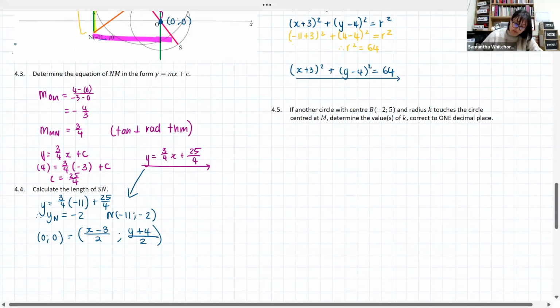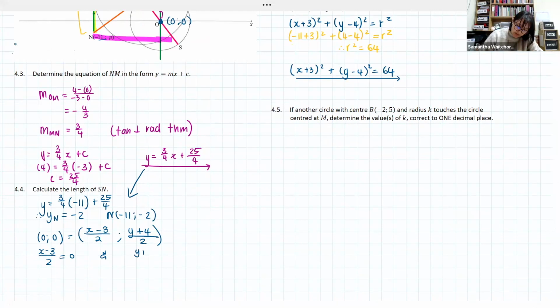And now I can separate my fractions. So x minus 3 over 2 is equal to 0, and y plus 4 over 2 is equal to 0. These are nice, easy equations to solve. x is equal to 3, y is equal to -4, so point S has those coordinates.